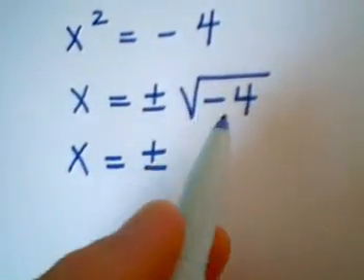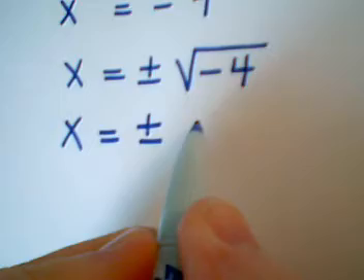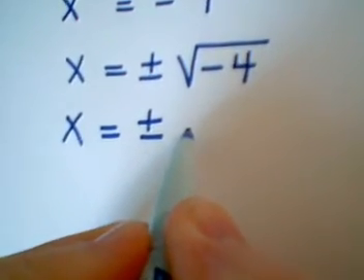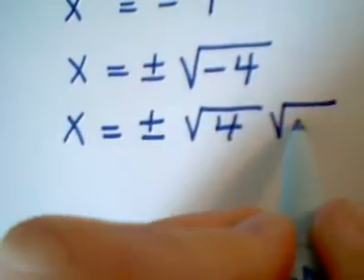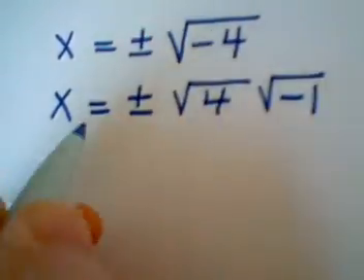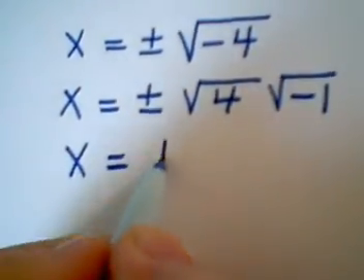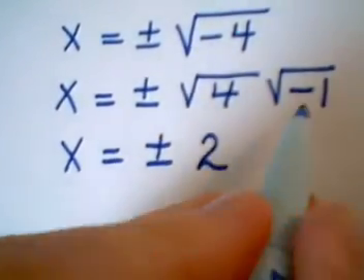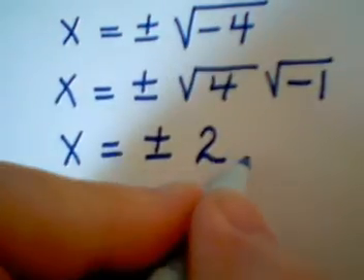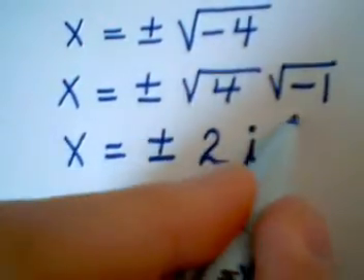And remember that the square root of negative 4, I'll basically show the steps. This is really what's happening. The square root of 4, of course, is 2, and the square root of negative 1 by definition is i.